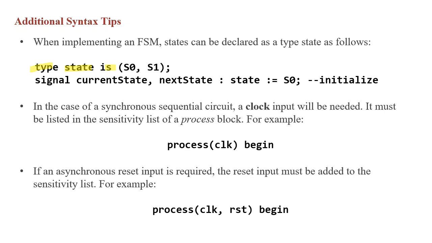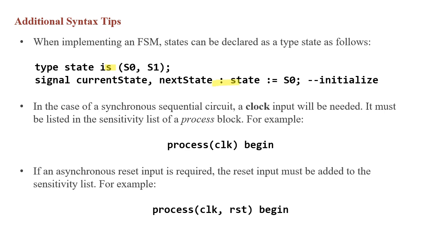So in this particular example, the assumption is that we're implementing an FSM that contains two states. The state names are S0 and S1. The second line in this state type declaration is creating a signal named current state and another signal named next state, which are of type state.